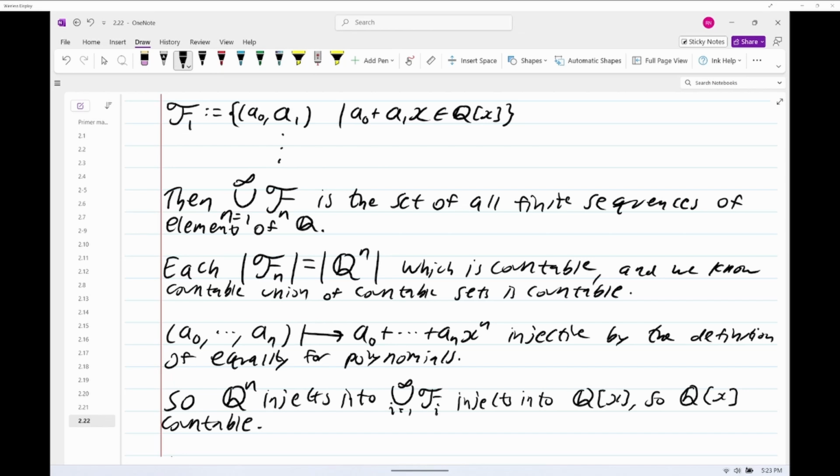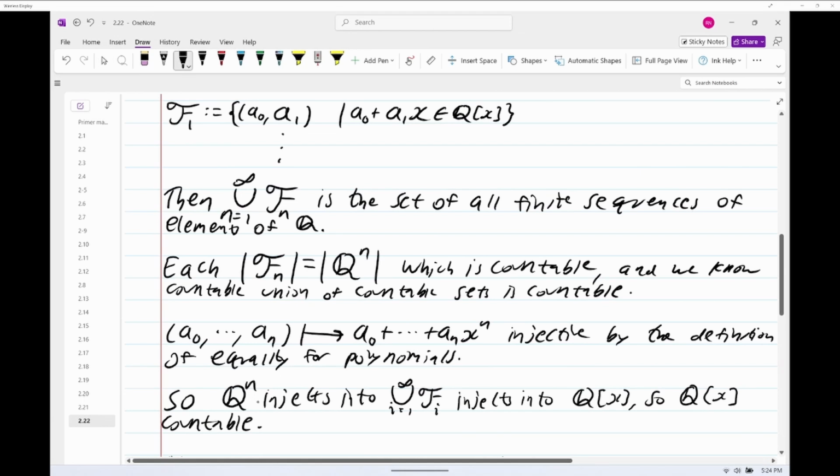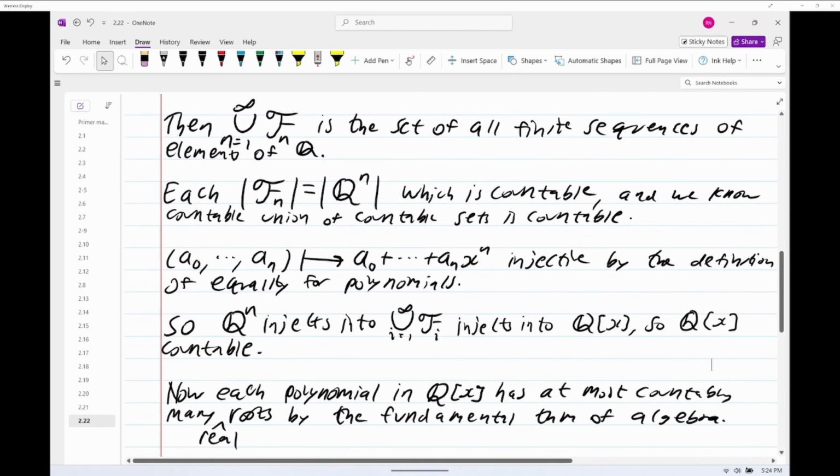Polynomials are equal if and only if all of their coefficients are equal. All the coefficients on matching powers of x are equal, I mean. So Q to the n injects into this union, which injects into Q adjoin x. So Q adjoin x is countably infinite, I think. I'm pretty sure.